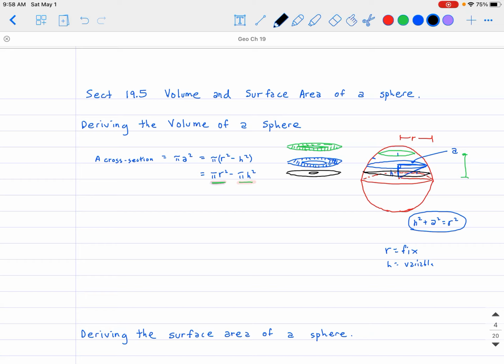If you put them all together, the question is, well, what does that actually look like? Well, here, let's look at a few more just in case then. At the very top, if we were to create this annulus, there's actually going to be no annulus. Actually, h is going to be equal to r, so that means that there's no circle on top.